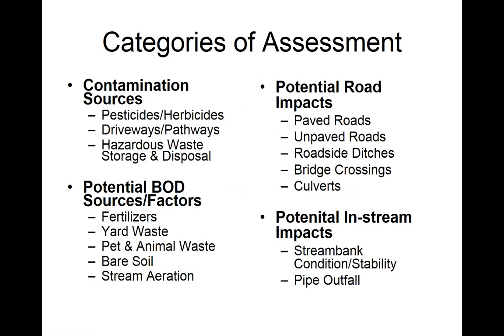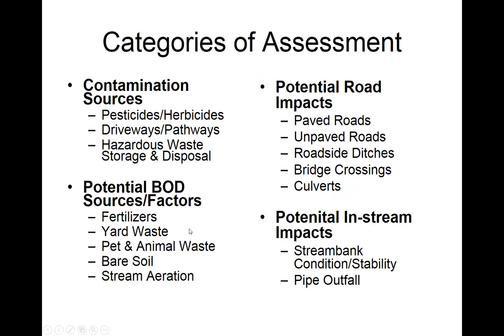We sort of broke our analyses into 4 categories, just to cluster them, which made sense to us. It could be reorganized in any way, but contamination sources and pathways for those contamination sources towards the stream, BOD factors, that is the oxygenation of the stream water is important.